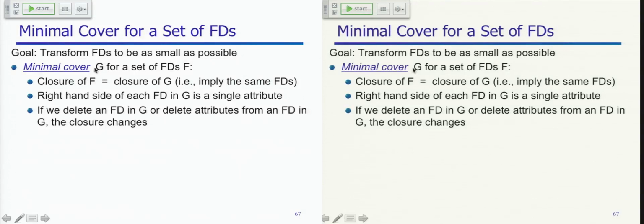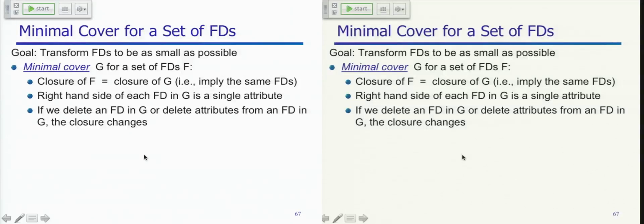Okay? So minimal cover is looking for G for a set of functional dependencies F, where the closure of the functional dependencies that you have in G is similar to F. The right-hand side of each functional dependency in G is a single attribute.